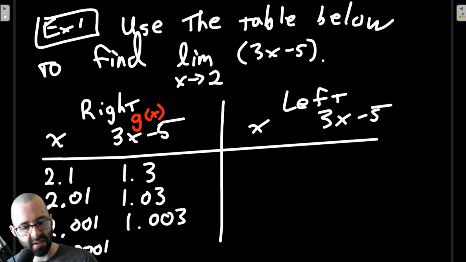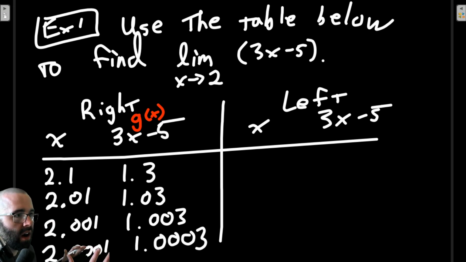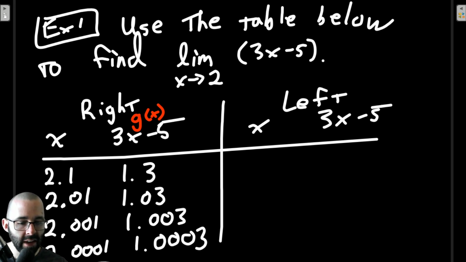There's this pattern here. So on the right side, as x is getting really close to 2, 2.1, and then it's getting closer, 2.01. X is getting even closer to 2.001. X is getting even closer to 2.0001.